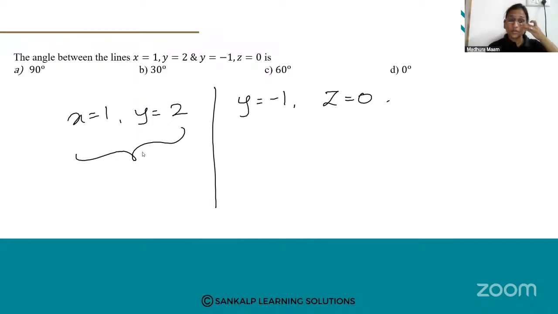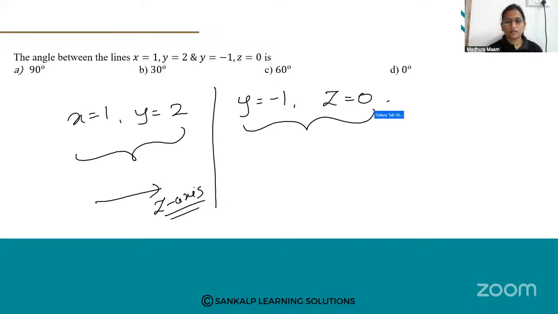In simple terms, this line is parallel to the z axis. Yes or no? Clearly you can see that this line is parallel to the z axis. Likewise this set of equations, if you observe, is definitely parallel to the x axis. Yes, okay.